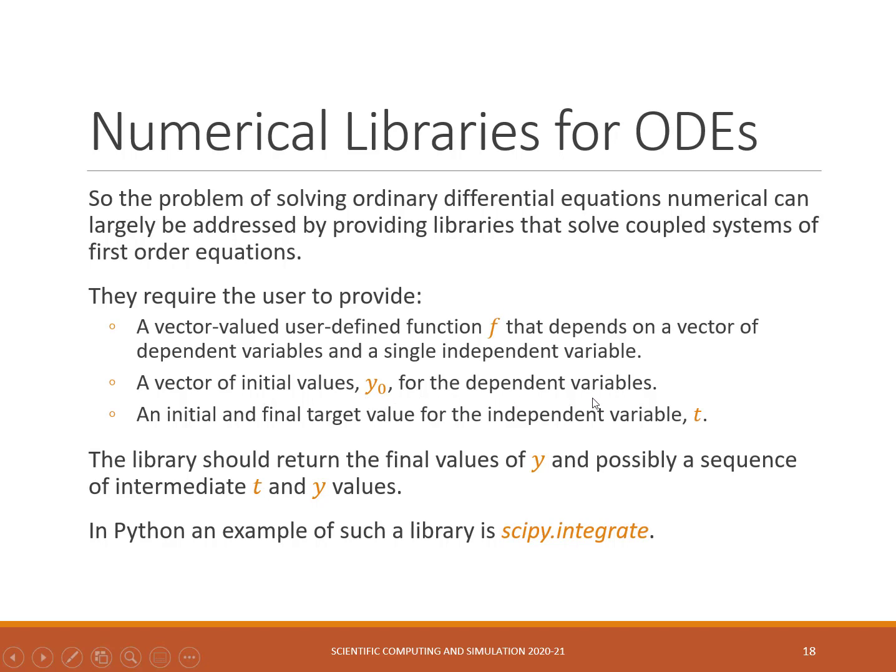The last required item is an initial and final target value for the independent variable t. The library then returns the final approximation values of y and possibly a sequence of intermediate t and y values.